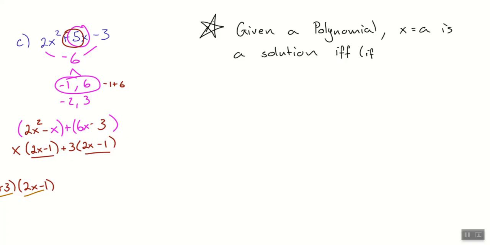This means if and only if. It just means that if I have some statement that says if A then B, this goes the other way also, if B then A. Given some polynomial, which quadratics are, x equals a is a solution, that's true if and only if x minus a is a factor.